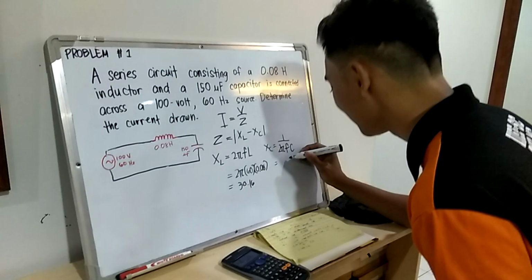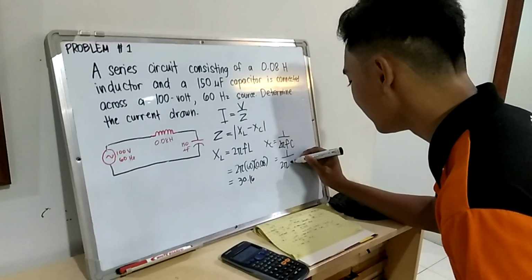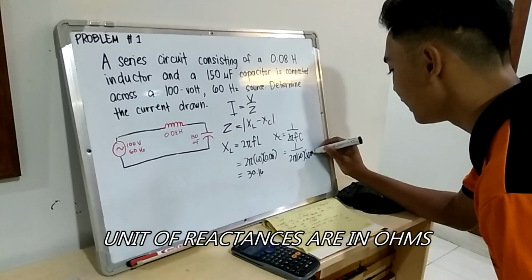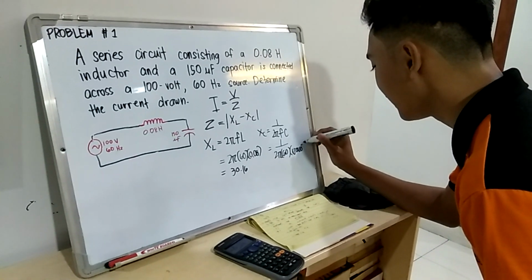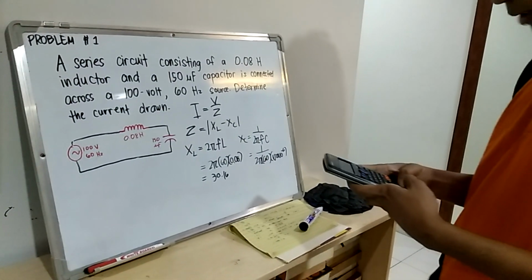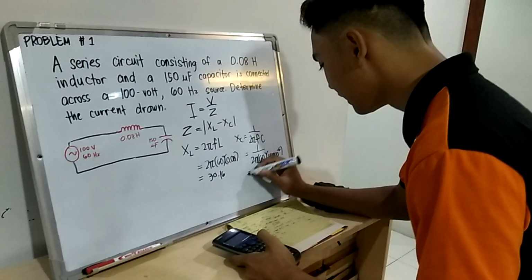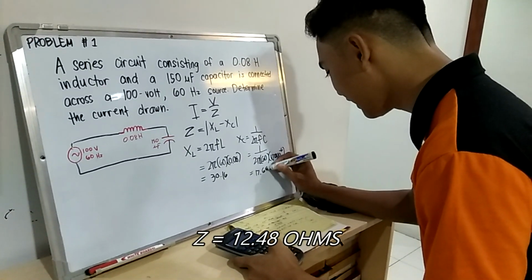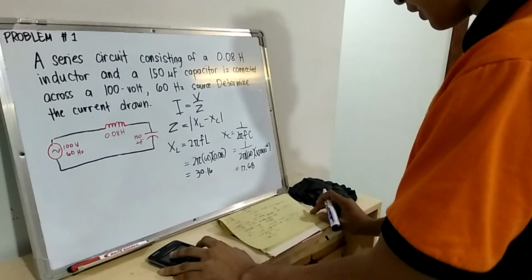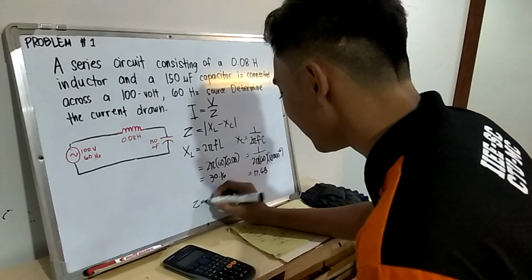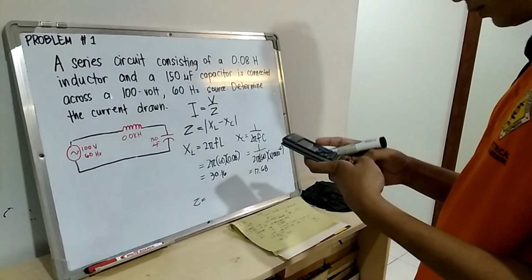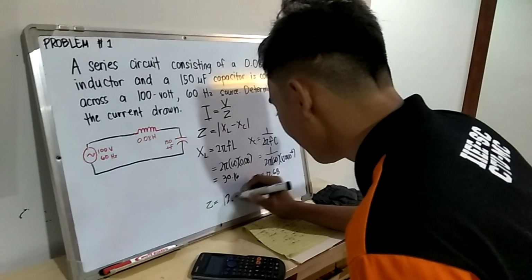and this other one is 1 over 2 pi times 60 Hz times 150 times 10 to the negative 6, which equals 17.68. Okay, the impedance is equal to 12.48.